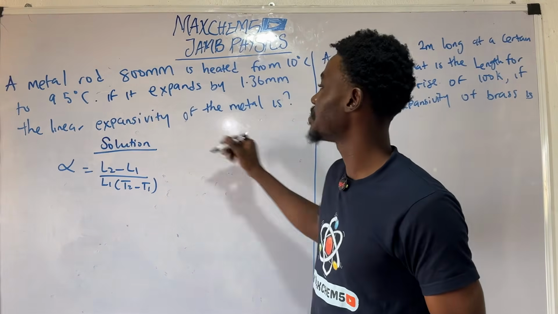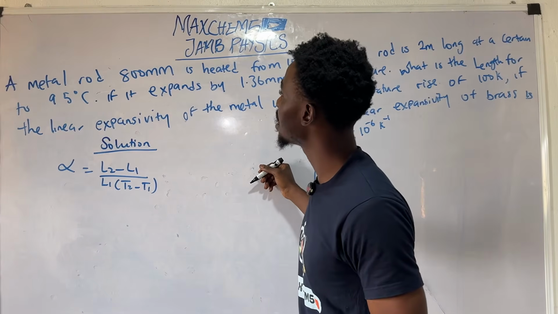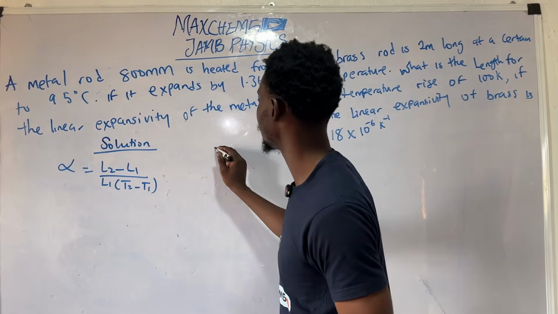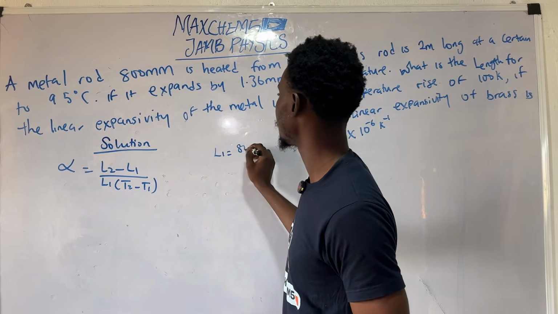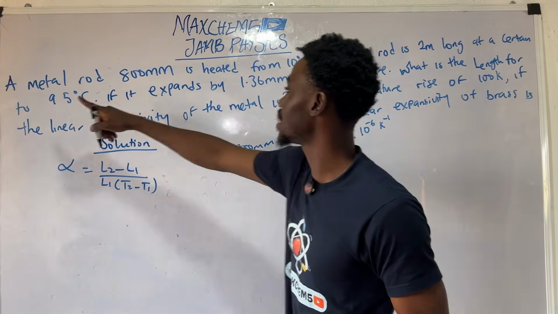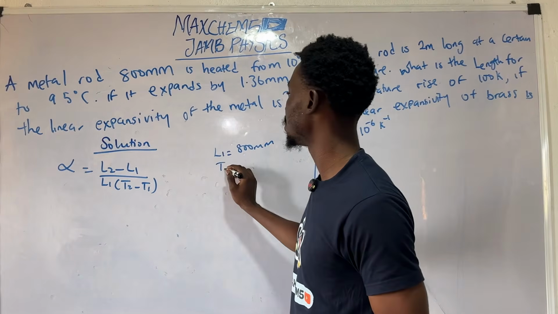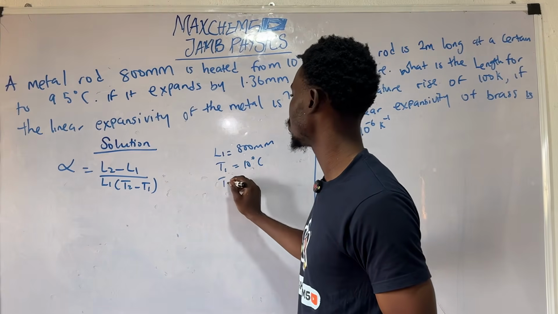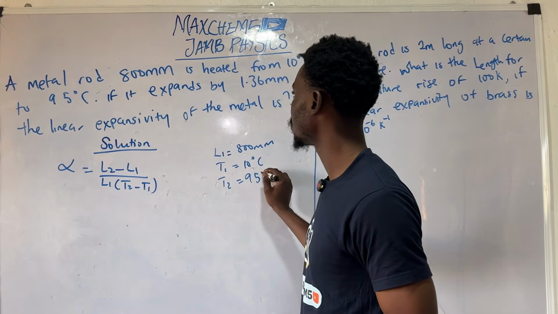Now, what are the parameters we have? We have a metal rod of this length. So the original length, which is L1, is 800 millimeter, heated from 10 degrees Celsius to 95 degrees Celsius. So we have T1, which is the initial temperature, and T2, the final temperature.